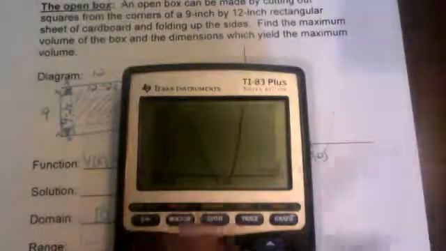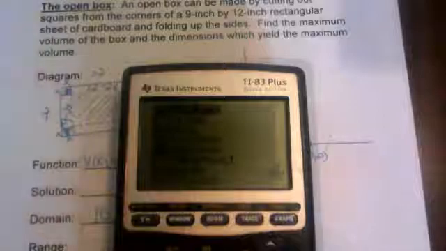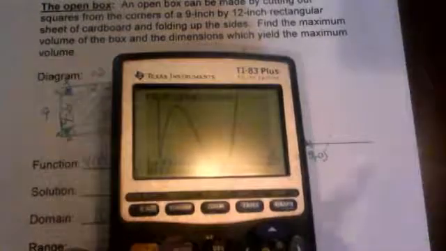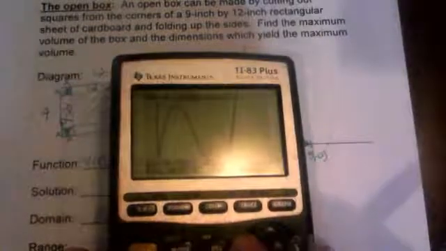Okay, for our range, we're going from 0 up to our high point, so we need to find that maximum up there. Second, calculate the maximum. I wish I could get you a better picture of that. All right, and so we're going to go left and right of that highest point.